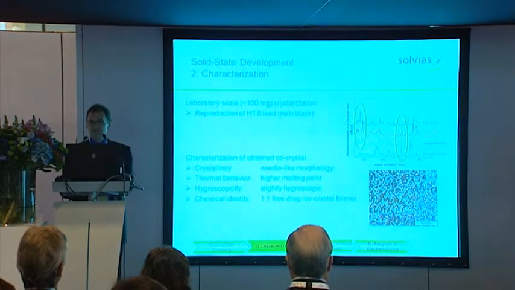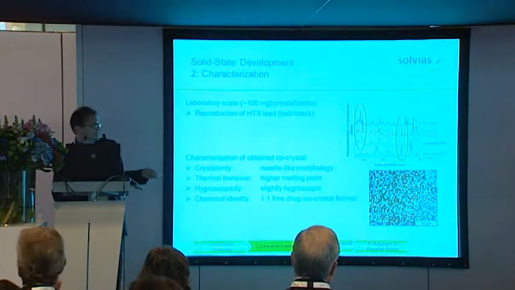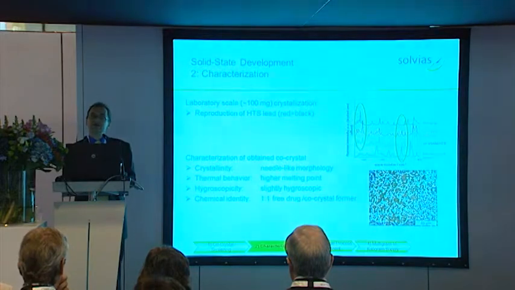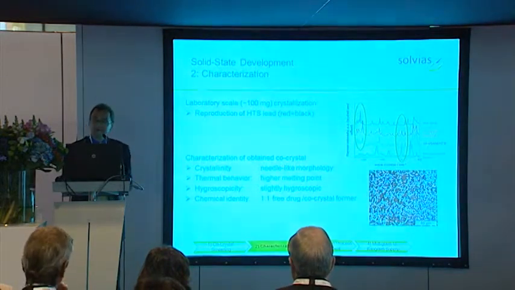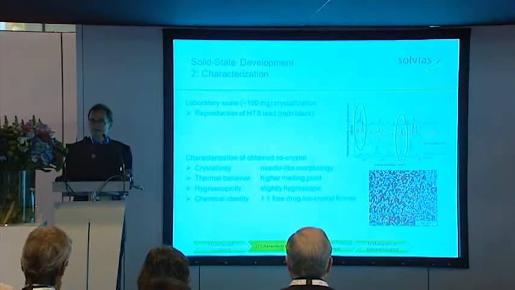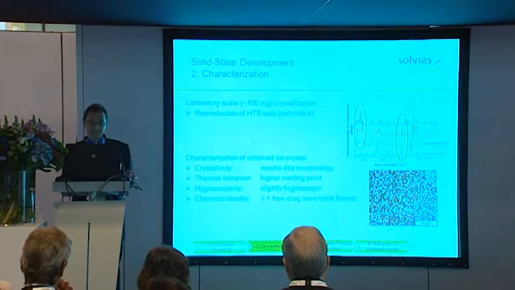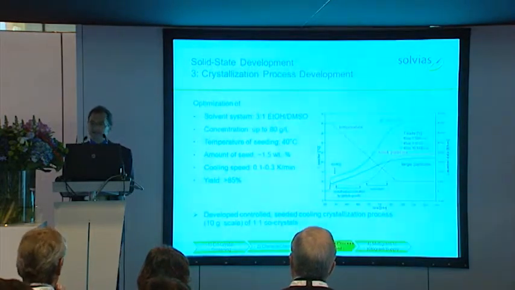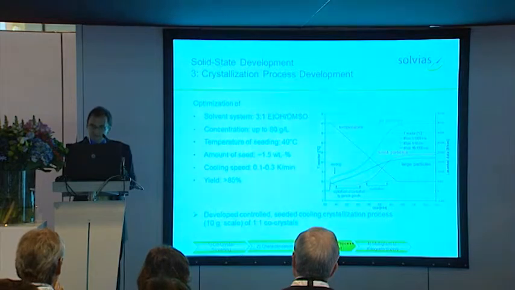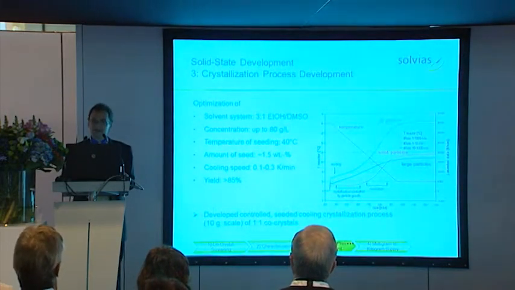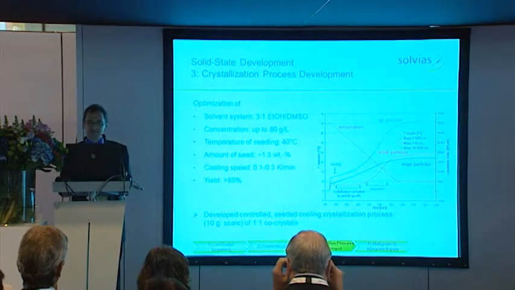We then characterized these 100 milligrams, and it had good properties, quite a good morphology, and a higher melting point than the original form, which was very positive because the original form had a melting point of about 80 degrees, which is always a problem for tableting. It was stable, etc. So we then scaled up from 100 milligram to a proper 250 milliliter process using the Mettler MultiMax with the Lasentec probe.